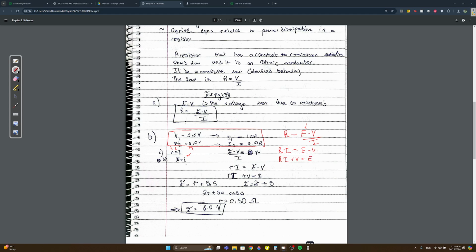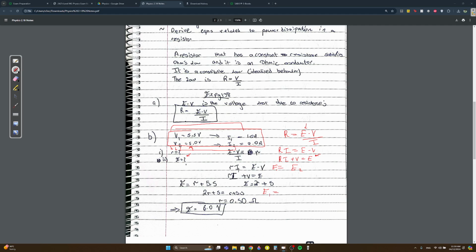So we have two cases. We know that in a circuit the EMF is always constant. That means the EMF in this case is equal to the EMF in this case, so E1 is equal to E2. What is E1 equal to?